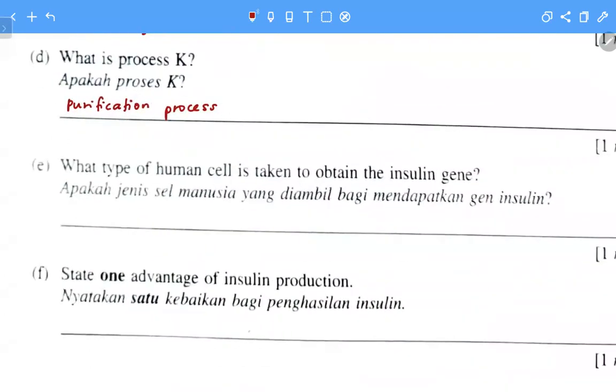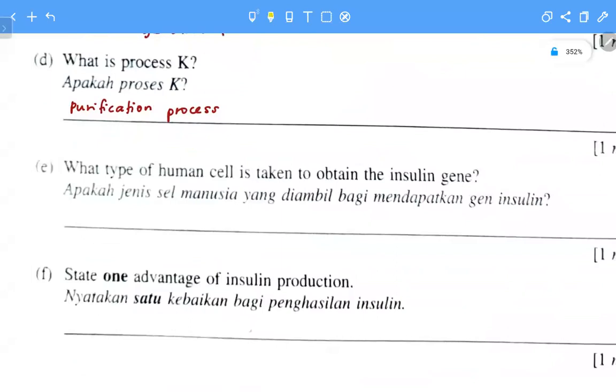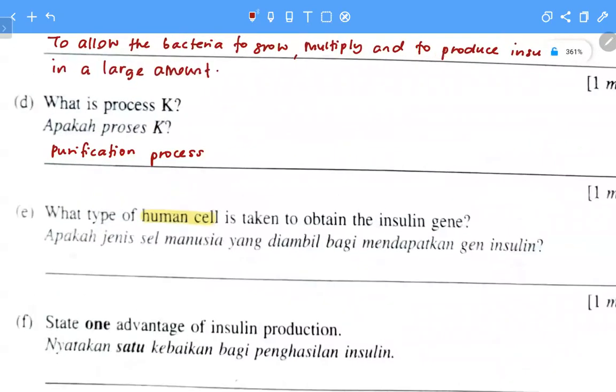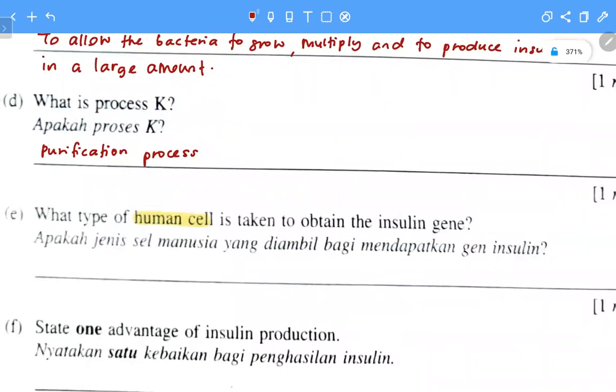Okay, next, what type of human cell is taken to obtain insulin gene? So actually, I did mention to you this before. The human cell that we take from is actually from the liver itself. Okay, so just to let you know where this insulin is being produced. Insulin is produced by a section of your liver called the islets of Langerhans.